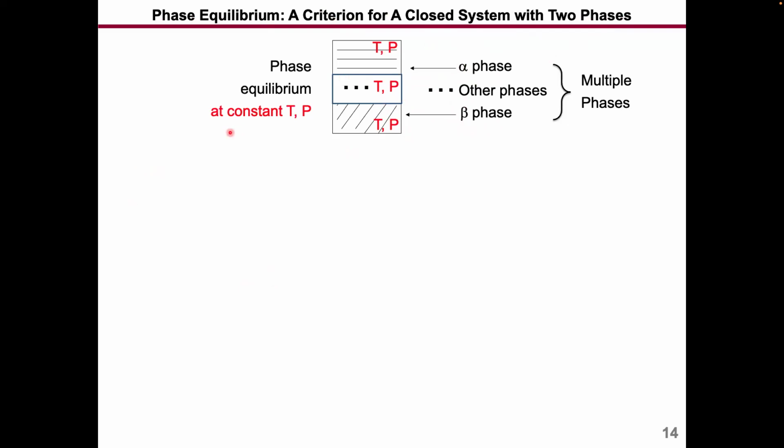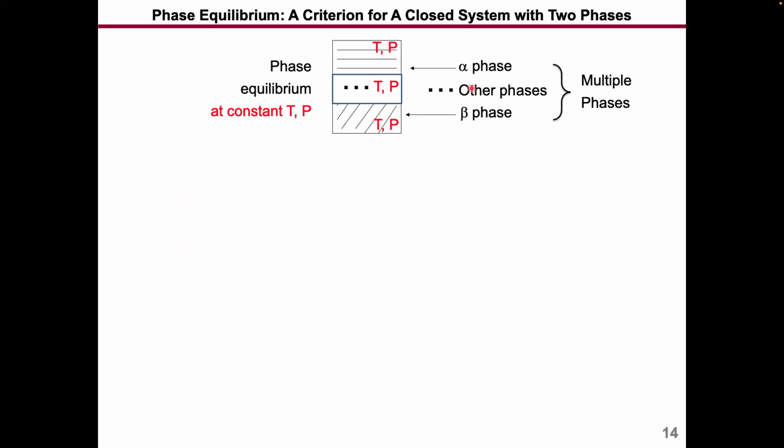So basically here you are looking at a closed chamber where you have liquid on the bottom and vapor on the top. Let's say vapor is your alpha phase, and liquid is your beta phase. And then you will have an interface between liquid and vapor when these two phases coexist. So this is the vapor liquid equilibrium at system temperature, system pressure. Both vapor phase and liquid phase will have the same temperature, same pressure.